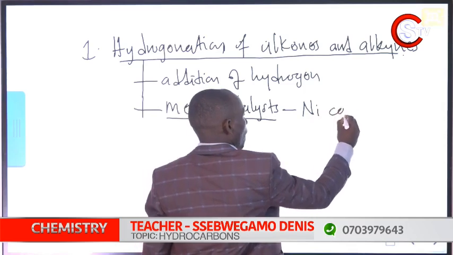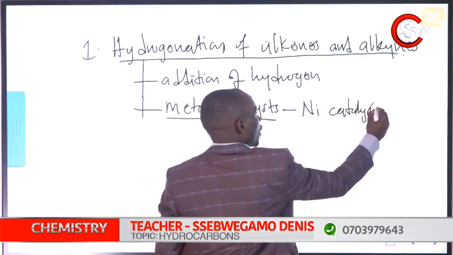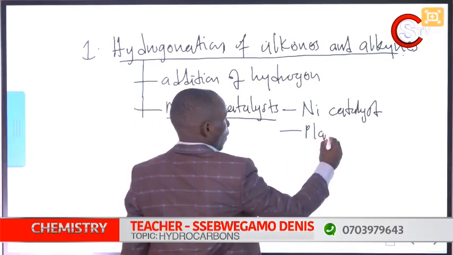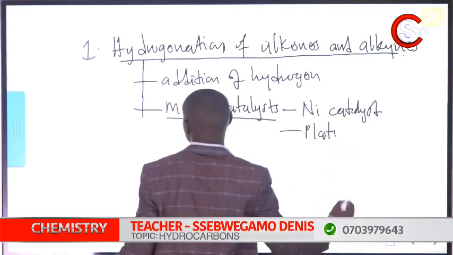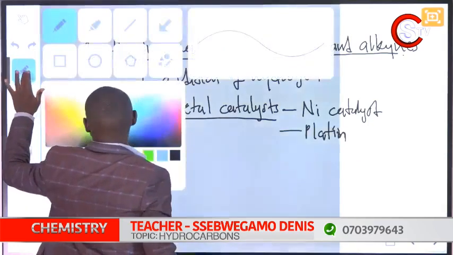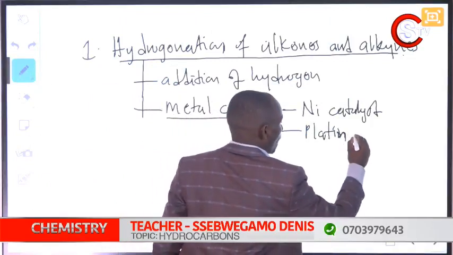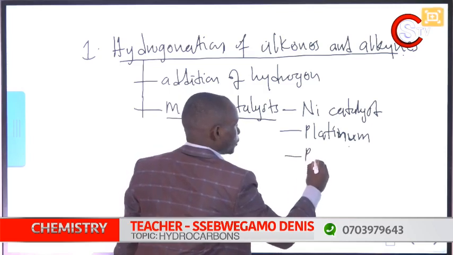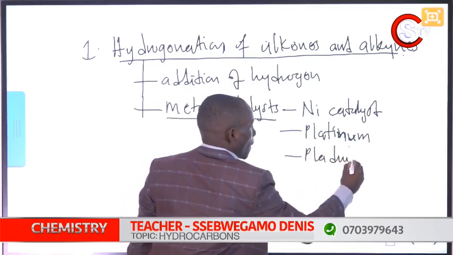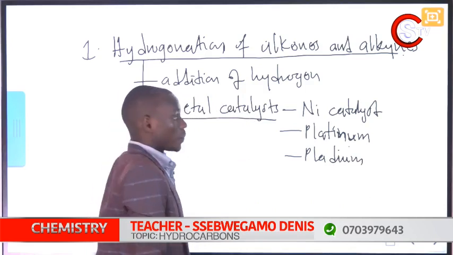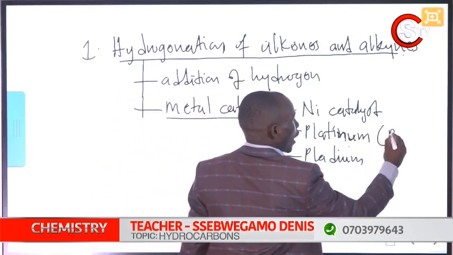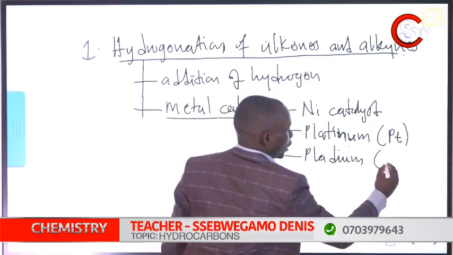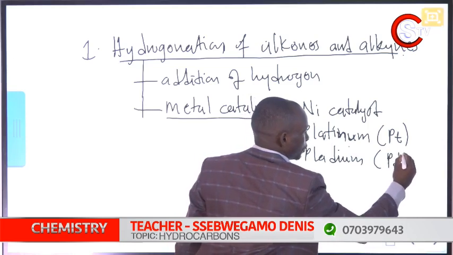We have platinum, we have palladium. Platinum, the symbol is capital P small t, and that of palladium is capital P small d.